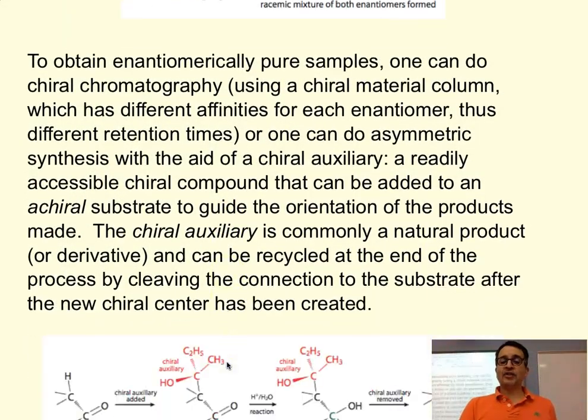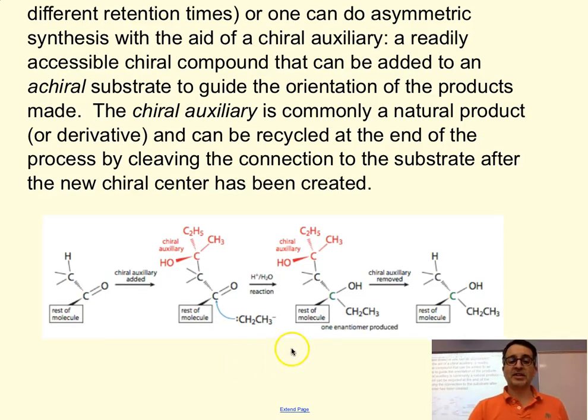So this can be observed in this type of image that I have down here. Here we have our prochiral substrate. And so we are going to first add the chiral auxiliary. So the first step in using the chiral auxiliary is to add the chiral auxiliary to make a particular enantiomer. Now, this will favor addition in only one direction.